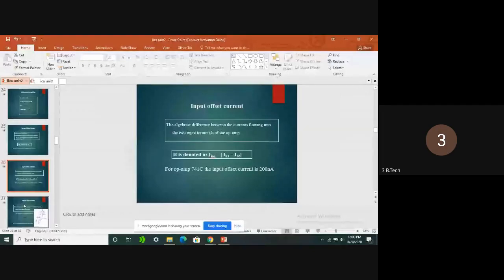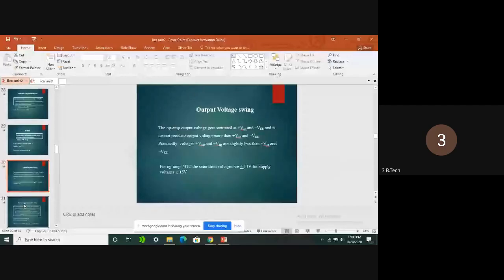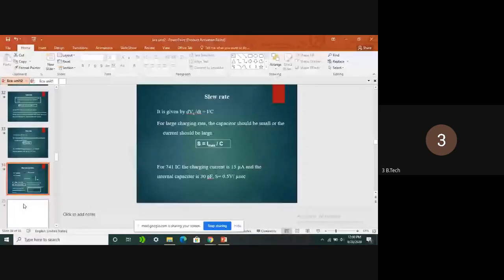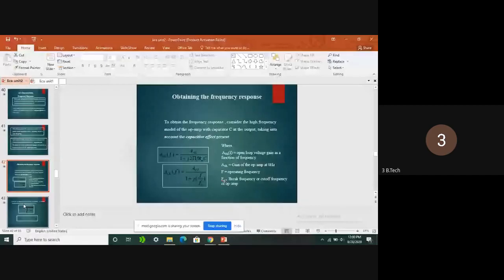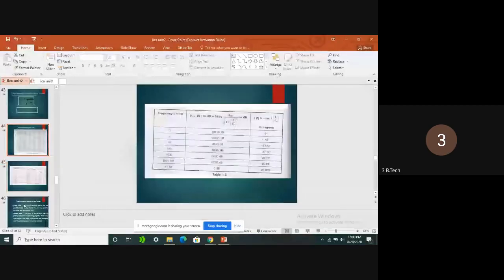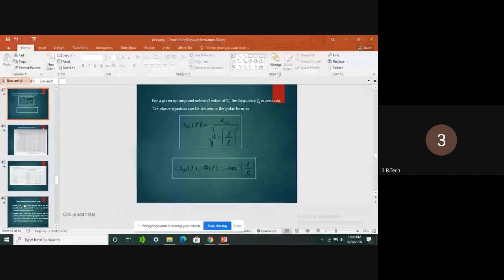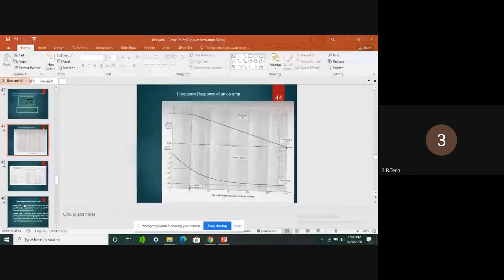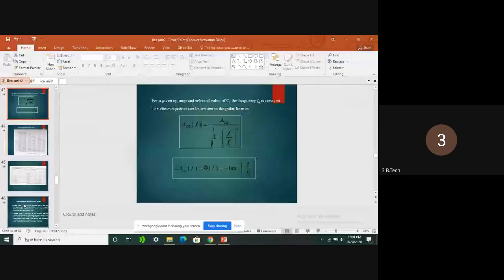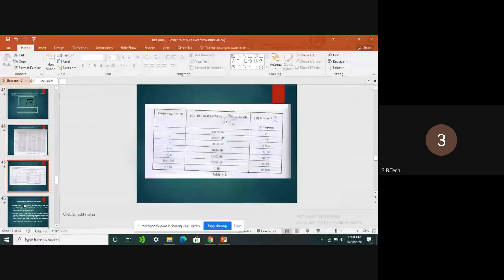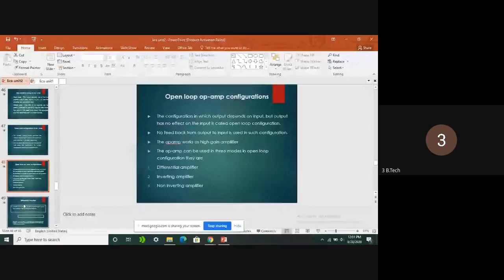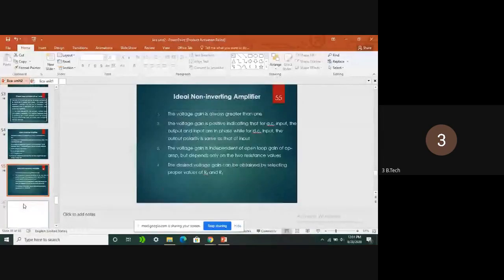See here, this is the pin configuration of IC 741. We also need to discuss the frequency response. Just now we talked about the Bode plot, how to represent the system response in the frequency domain. Tomorrow we can cover all these topics.